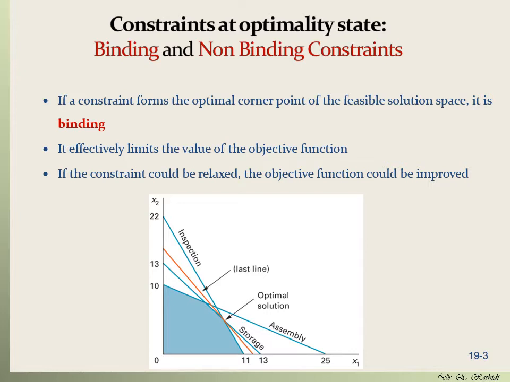Let's see this example that we previously went through. So our optimal solution here is this point. This is our optimal solution. And if you look closer, you're going to see that this extreme point is built by two constraints: the inspection constraint and the storage constraint.